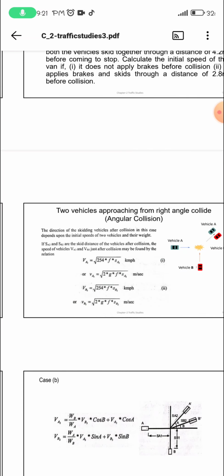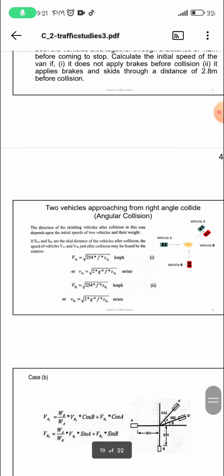Two vehicles approaching from right side collide, angular collision. The direction of the skidding vehicles after collision in this case depends upon the initial speed of two vehicles and their weight.